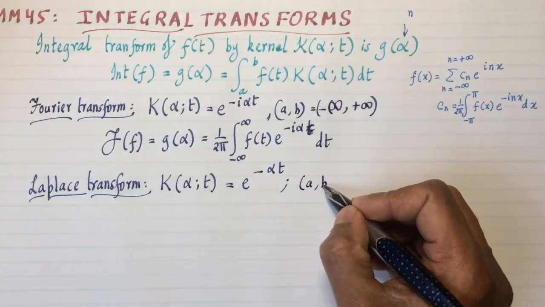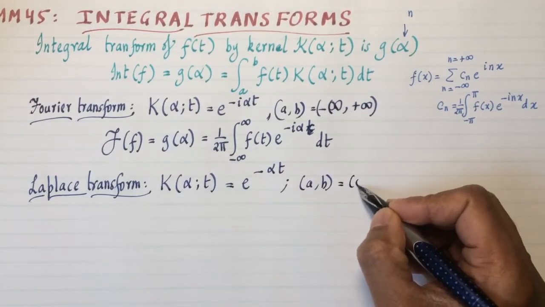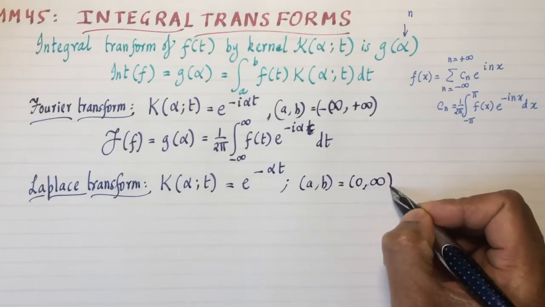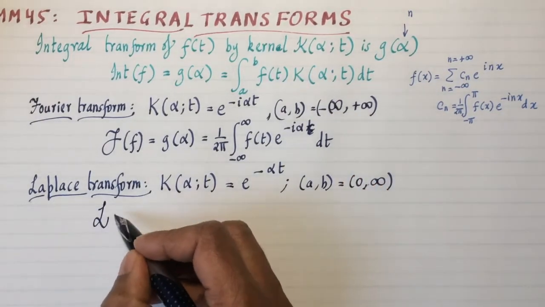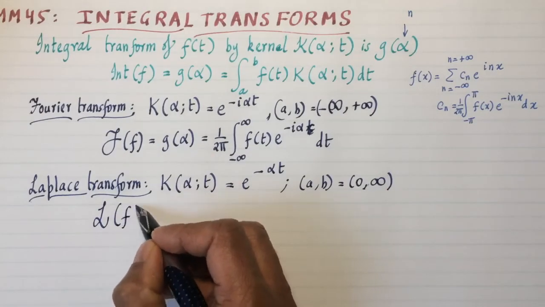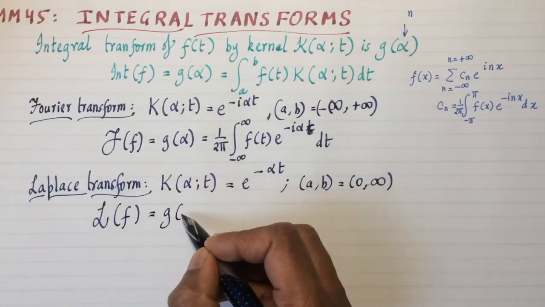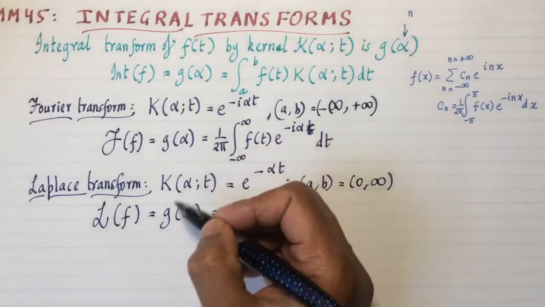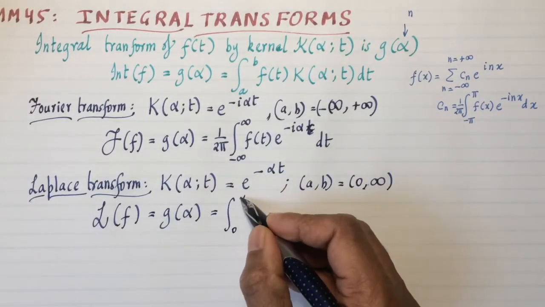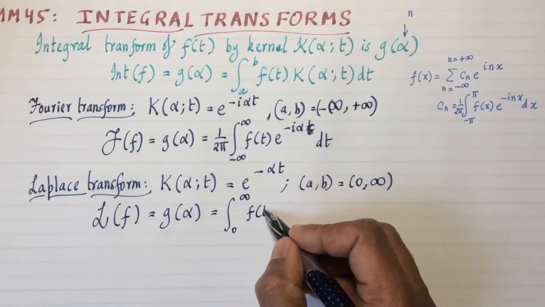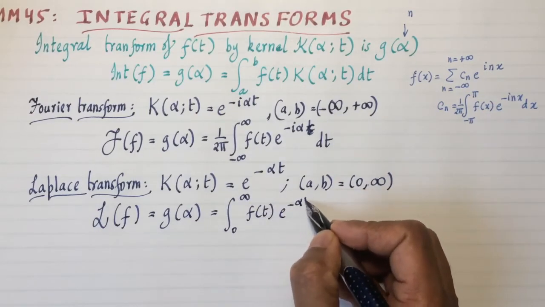Also, the Laplace transform only goes from 0 to infinity instead of minus infinity to infinity for the Fourier transform. So the Laplace transform, written script L of f, is another function g of alpha, even though I'm calling them both g, they're distinct g's of course, and that's going to be the integral from 0 to infinity of f of t e to the minus alpha t dt.